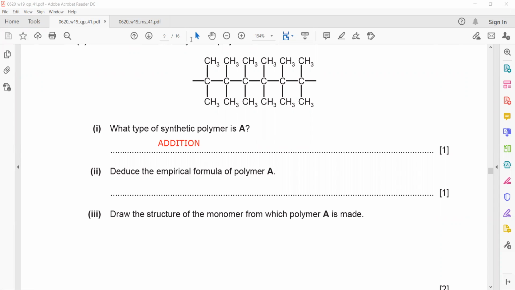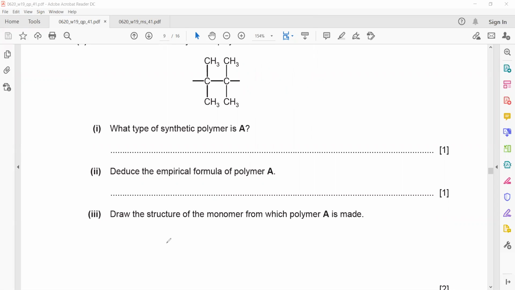Use the empirical formula, the simplest ratio. For all these, how to find an empirical formula is simple: count how many carbon and hydrogen, take the simplest ratio, and you will find that the ratio will be 1:2. Draw the structure of the monomer. How to draw the structure of the monomer? You just take the first two carbon atoms and remove the rest of them.